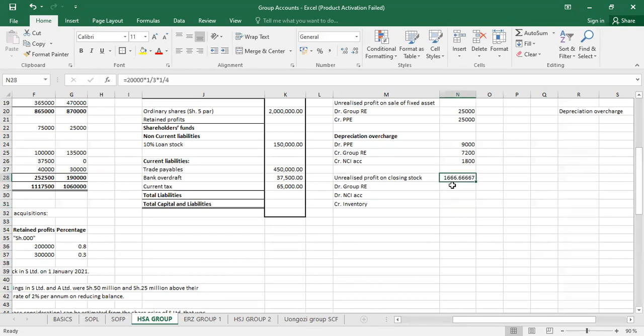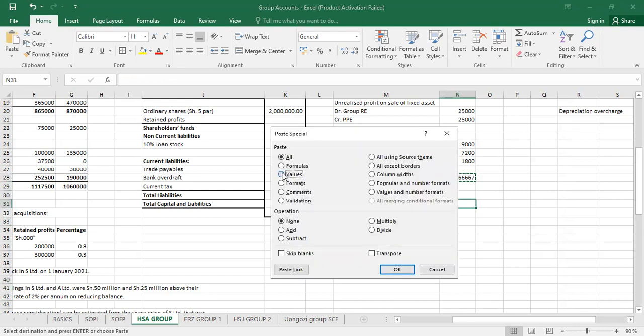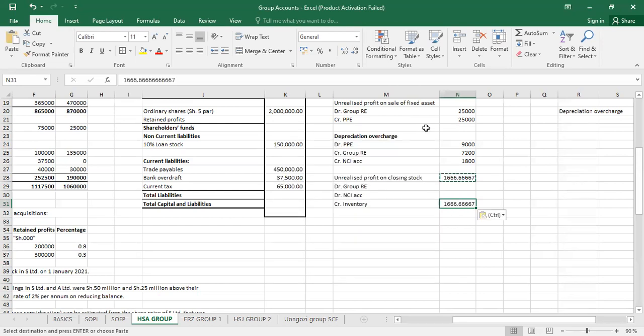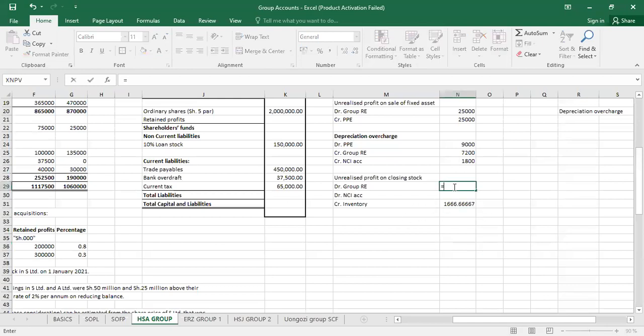So I can just do Control C, then Control Alt V. I want to copy the value directly. Sorry, Control Z. Then this one I'll remove. What will go to group retained earnings is the percentage, 0.8.